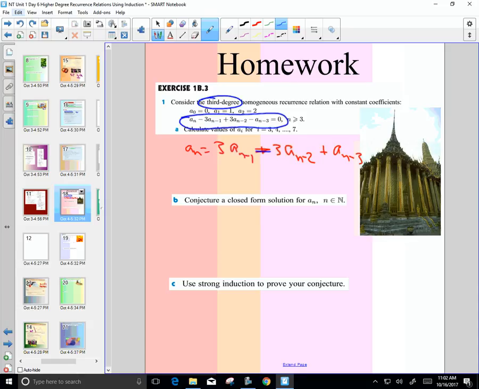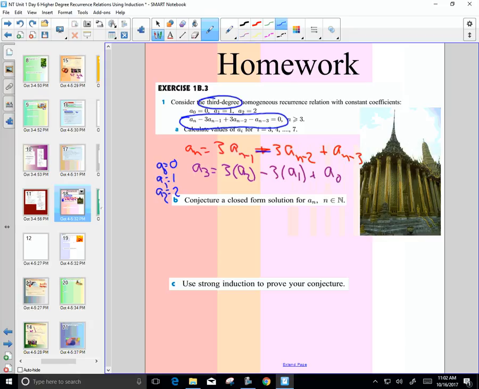Then if you just check for 3, 4, and 5, we have a0 is 0, a1 is 1, a2 is 2. Okay, so then I'm going to put in for a3 is going to be 3 times a2 minus 3 times a1 plus a0.